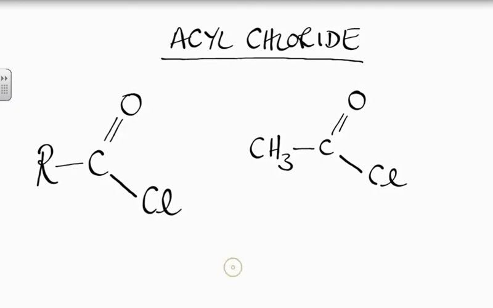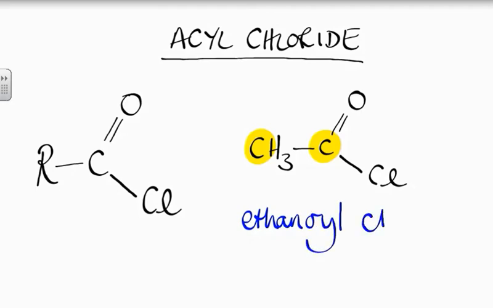To provide us with the ethanoate, we just want 2 carbons in our acyl chloride, and this is ethanoyl chloride. It's the one that you'll see by far most often. So ethanoyl chloride.